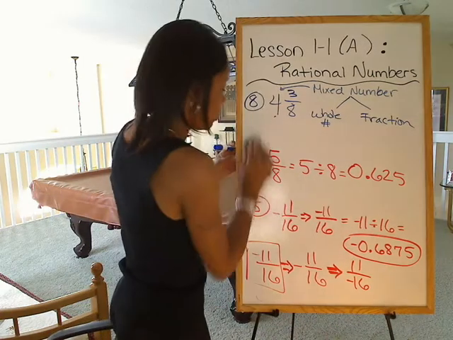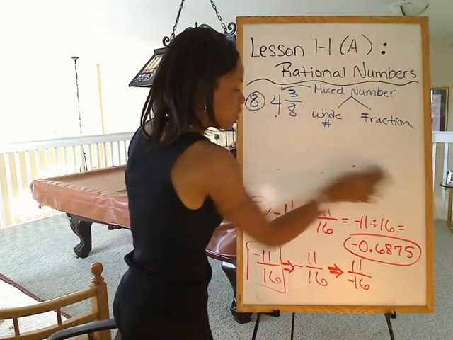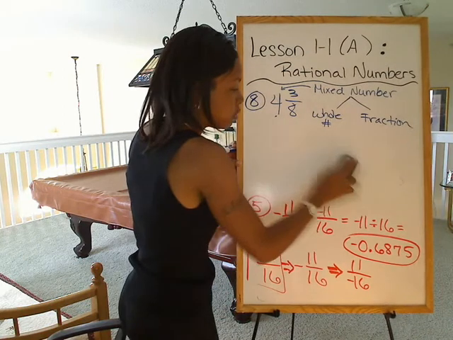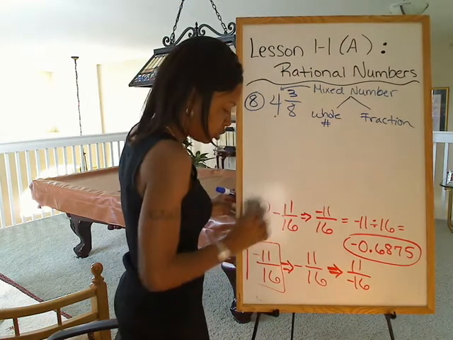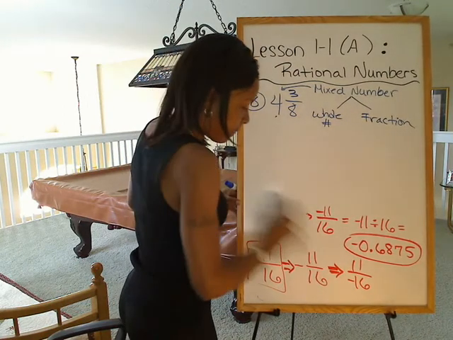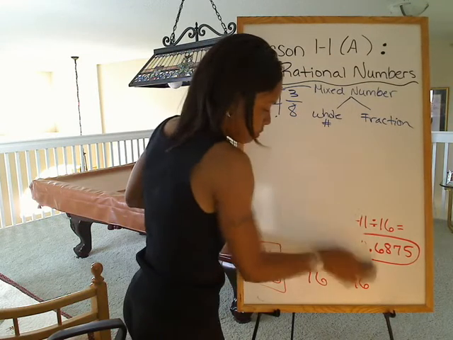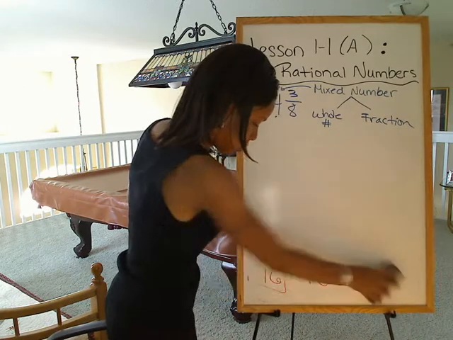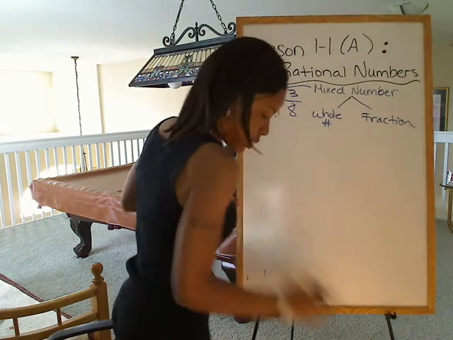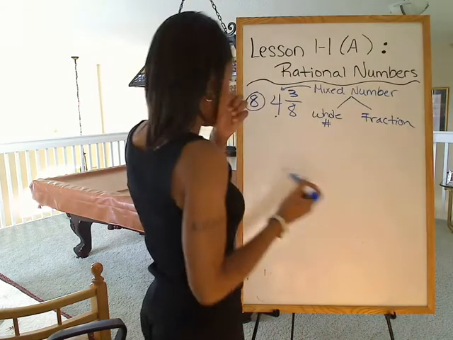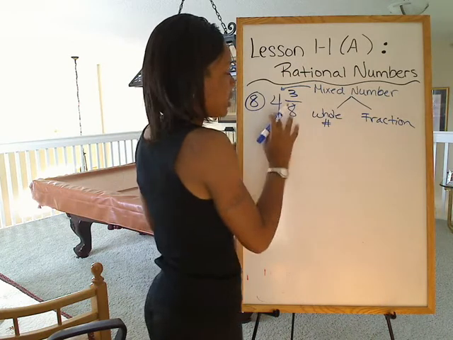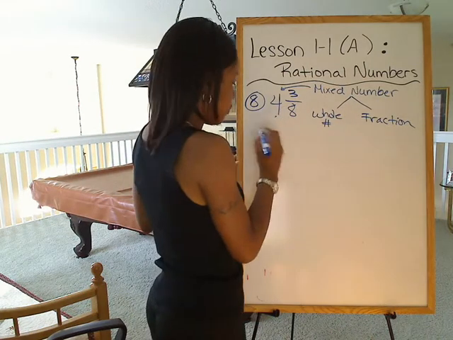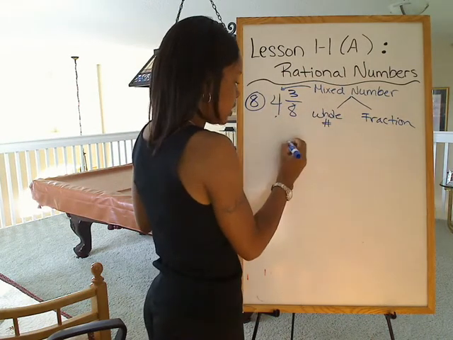Okay? So if we want to change that mixed number to a decimal, there's two different ways to do it. I'll show you both ways and I'll let you choose which one you like the best. Okay? The first way is that you can separate them. So you can put the 4, you're going to have a decimal.